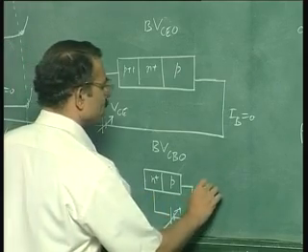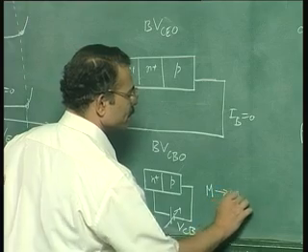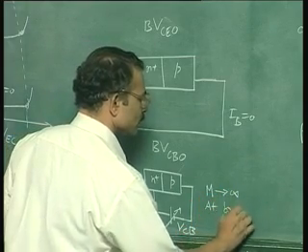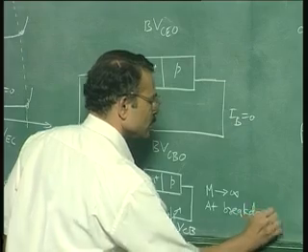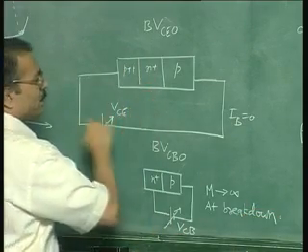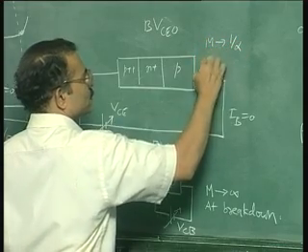Here breakdown voltage occurs when multiplication in this junction reaches infinity at breakdown. Whereas here, as we have shown already, breakdown occurs when multiplication reaches 1 by alpha.